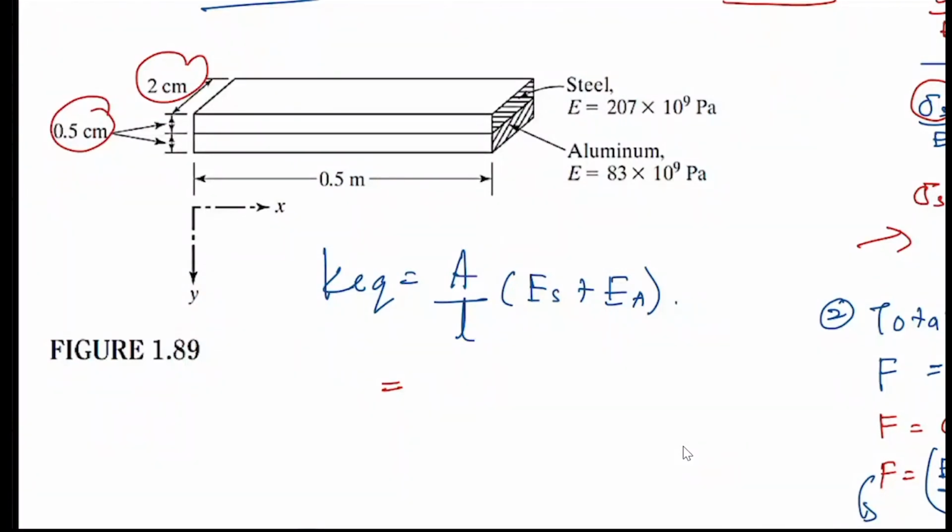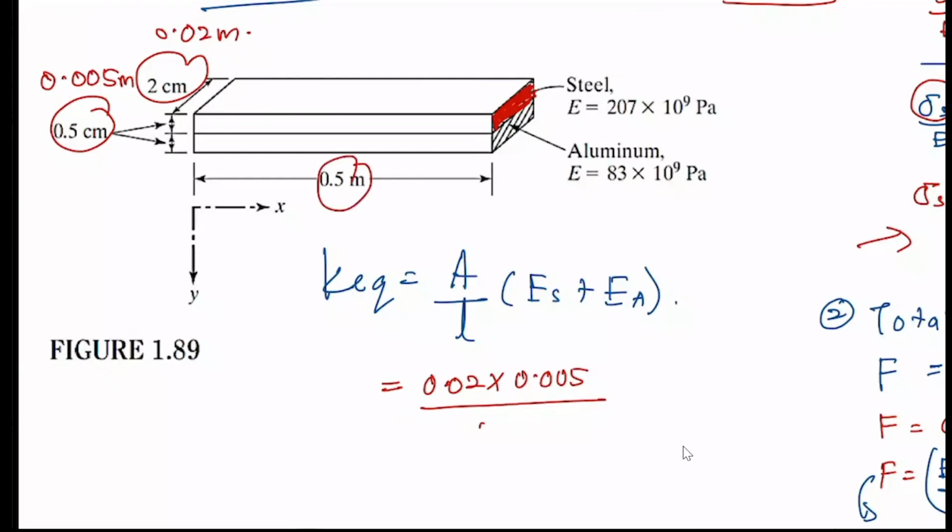So 2 cm will be 0.02 meter, 0.5 cm equals 0.005 meter, right? Only then you can find the cross-sectional area. So basically 0.02 meter times 0.005 meter, that's the cross-sectional area, divided by the length, which is 0.5.